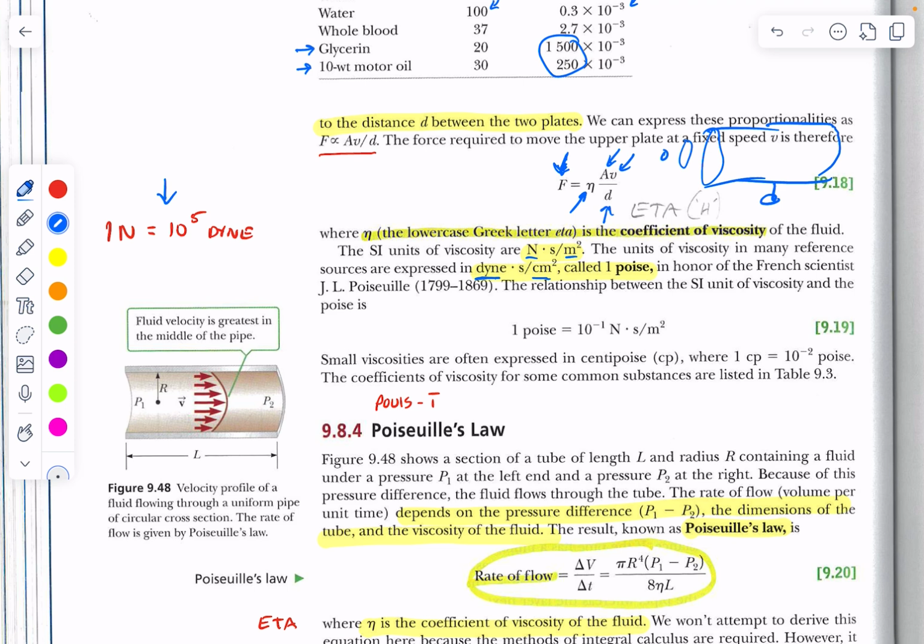You won't see the word dyne hardly at all in physics. But if you go into hydraulics, you would come across the dyne in that case. And this is the word poise, named after this guy here, which I believe is pronounced Poiseuille. It's French.